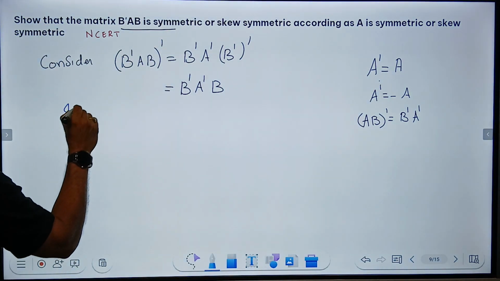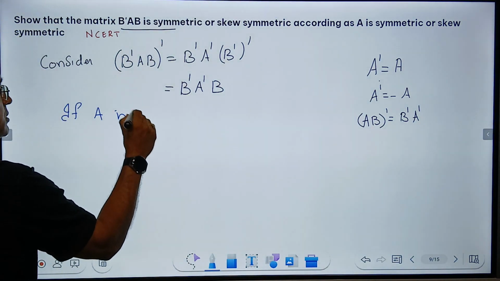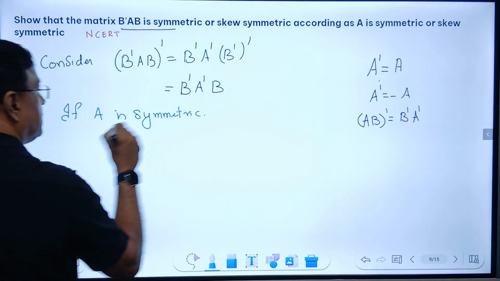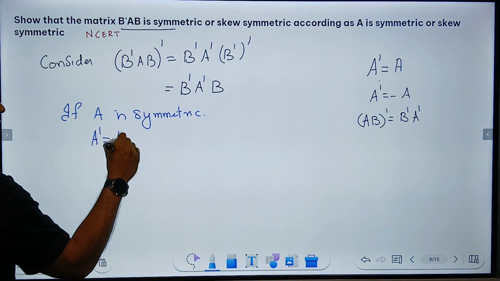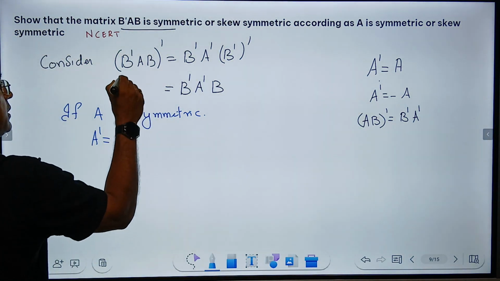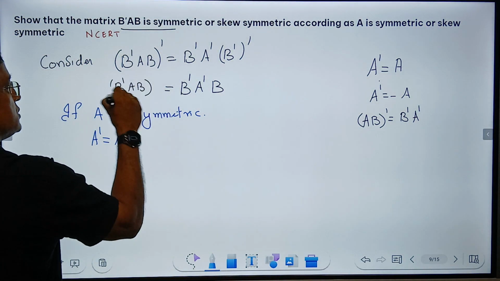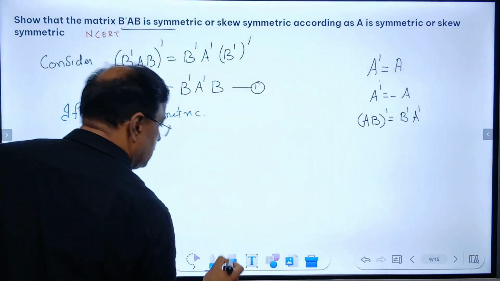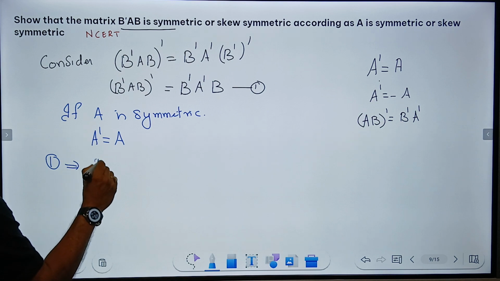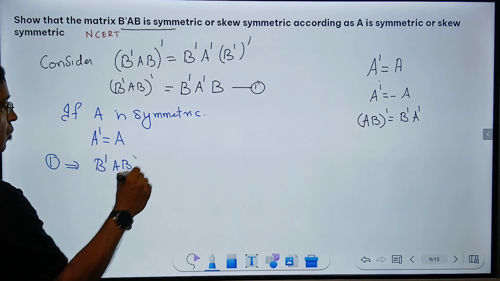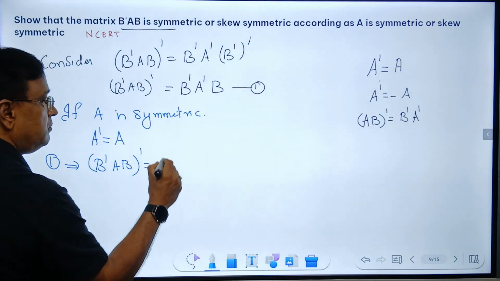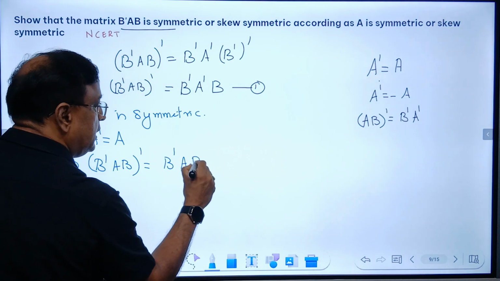Now, if A is symmetric, you know A transpose is A, correct? So, actually this is B transpose AB whole transpose. I call this as 1. So, what will happen to 1? 1 will become B transpose AB whole transpose will be, since A transpose is A, this will become B transpose AB.